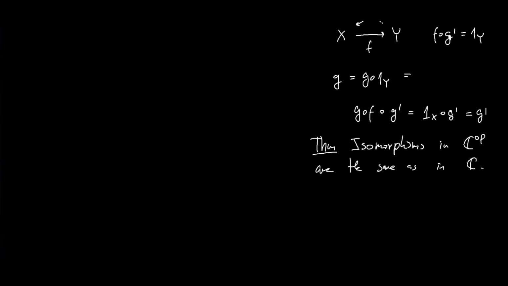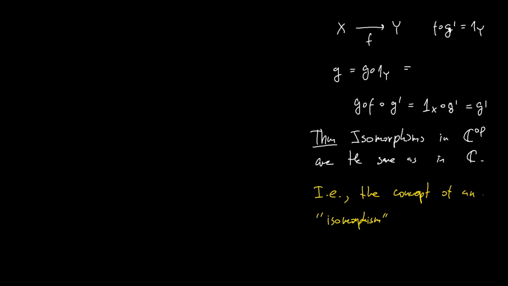So we then say that the concept of an isomorphism is self-dual when this happens. So when a concept is invariant under duality this way, it's said to be self-dual.